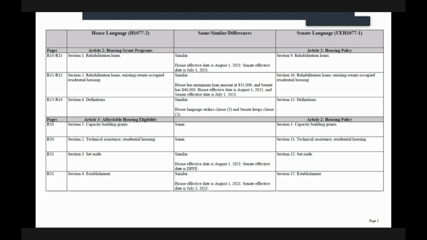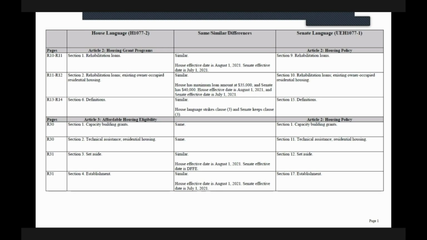So if the House and Senate are indifferent between July and August effective dates, we'd prefer to have the August effective date for all of the rehabilitation loan program changes. There are a number of sections of the bill that will change that program, so we prefer extra time. If that doesn't work, I think we could make it work, but just an extra month would be helpful.